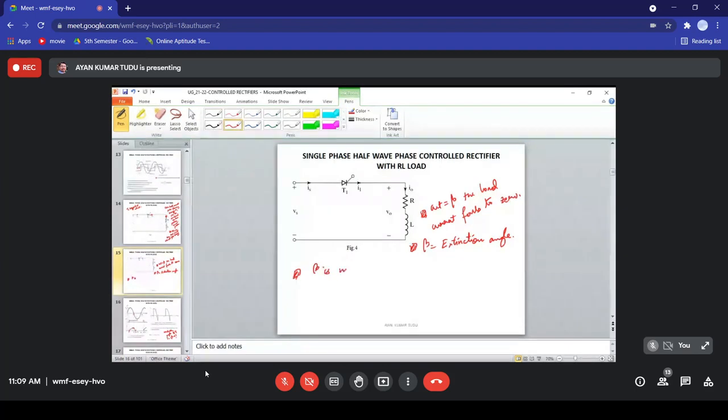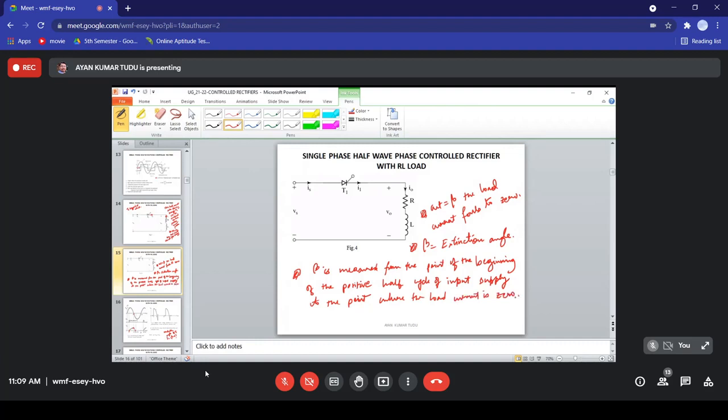So beta is measured from the point of the beginning of the positive half cycle of input supply, to the point where the load current is 0, or load current falls to 0.